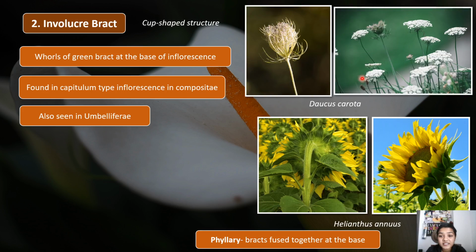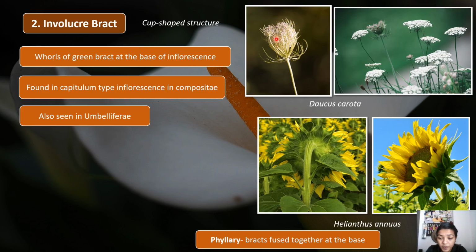Now the next example that we can understand is about the Umbelliferae family. This is the Daucus carota plant, that is the carrot plant. Carrot का flower है ये, right. तो उसको Daucus carota भी बोलते हैं, which is a scientific name. Now you can see here very clearly, ये जो है ये पूरा inflorescence है, umbel inflorescence, जो अभी open नहीं हुआ है.